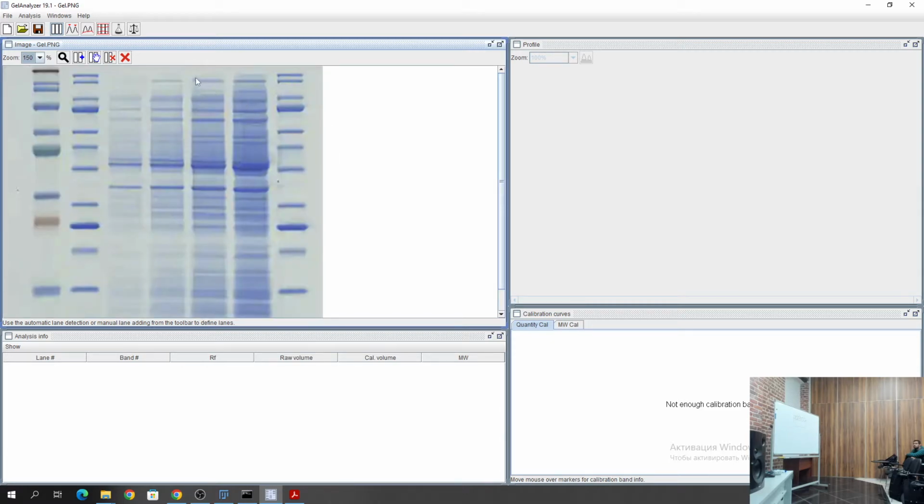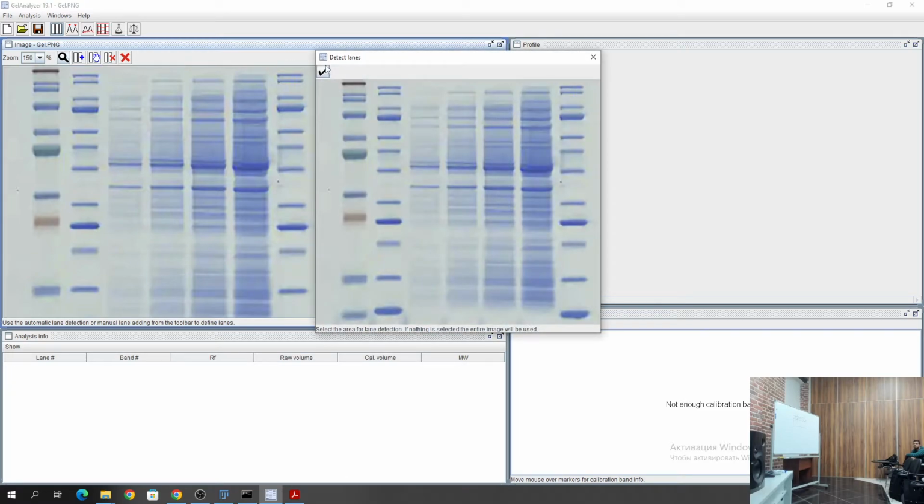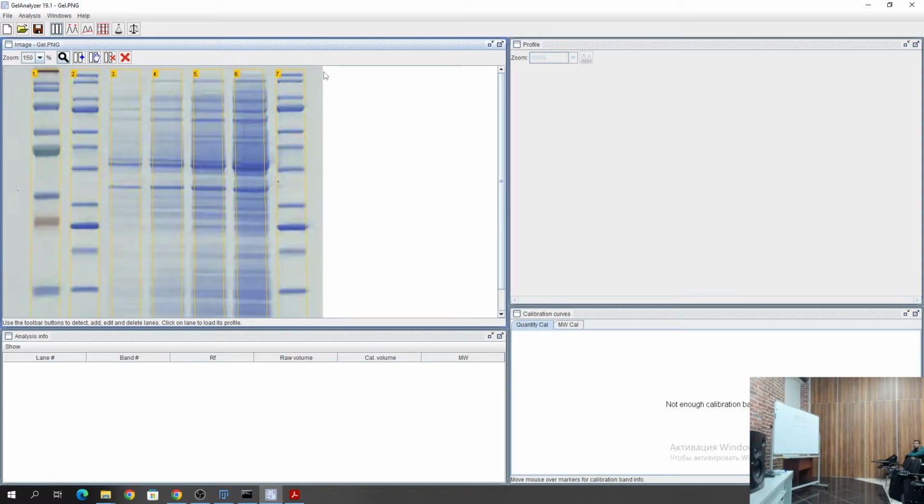And here we can start to analyze it. We can ask the program to do all the hard work for us, or we can manually put all the lanes here and mark all the parts, but let's start with the automatic work. First of all, we ask the program to find the lanes of our gel. As you can see, it detected them pretty well without any problem. We don't need any corrections, except for this one, I think.